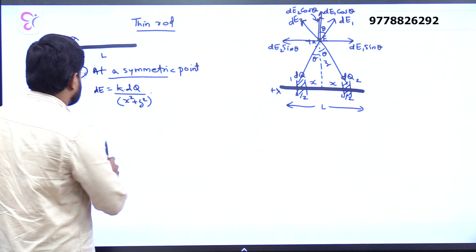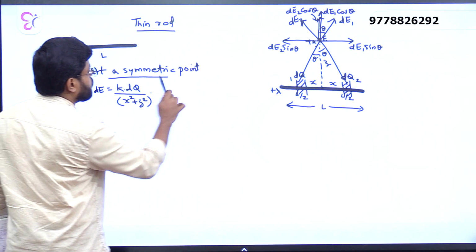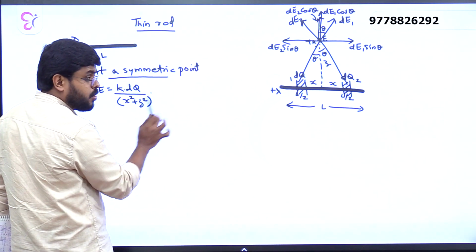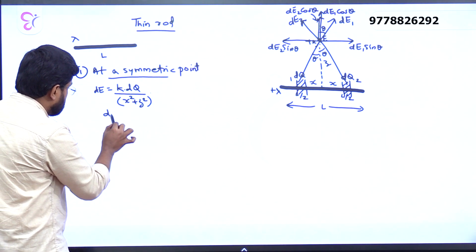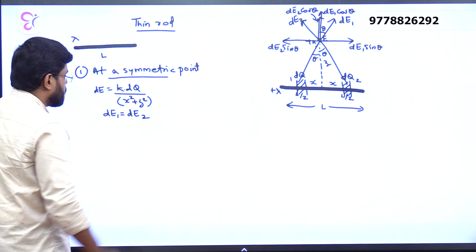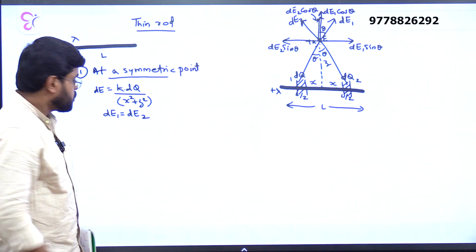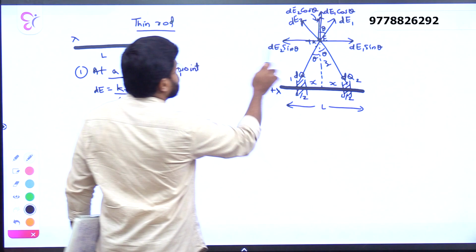You can see that dE1 equals dE2, because all quantities are the same.